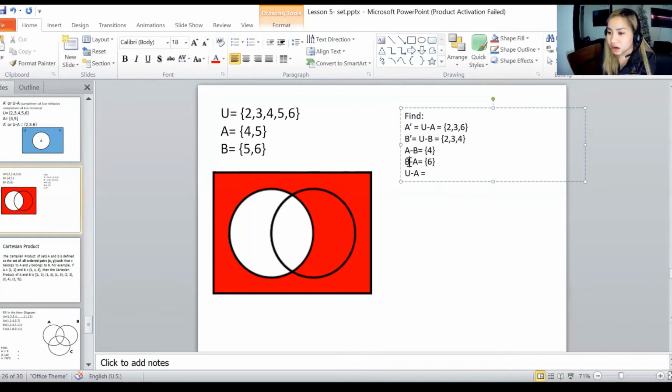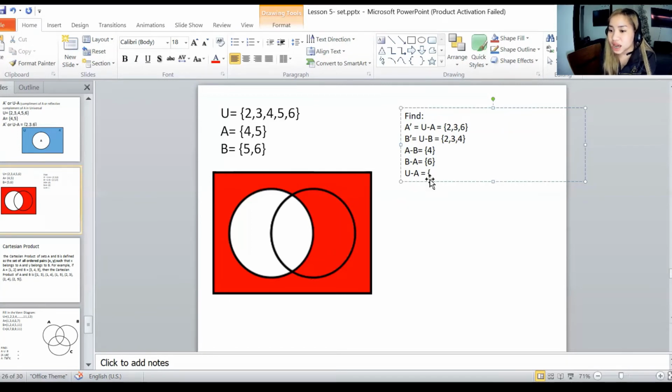Again, ang importante dito sa complement is yung order nung hinahanap. So, kung ang hinahanap natin is B, titingnan natin yung B. Yan, unahin natin yung B. Kung ano yung mga elements na meron sa B na wala sa A, ayun yung magiging final answer natin.